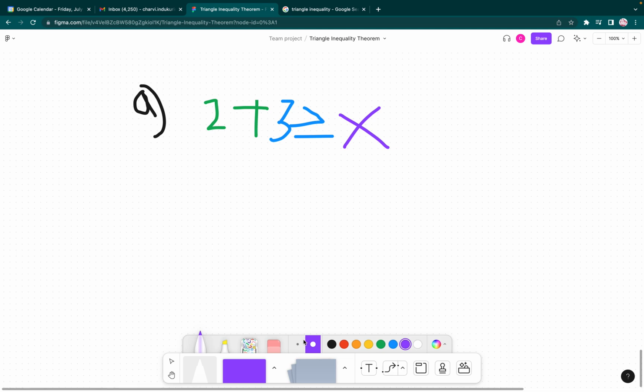Well, I'm pretty sure you guys already know. We have to simplify first. So it's gonna be 5 is greater than or equal to x. So now we know that x is either 5 or it is less than 5.